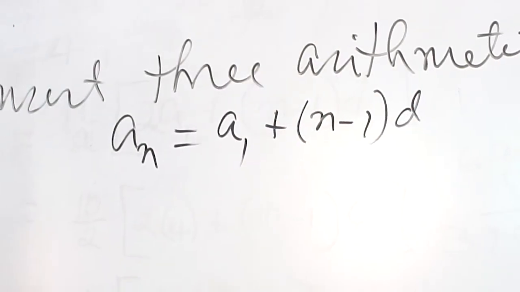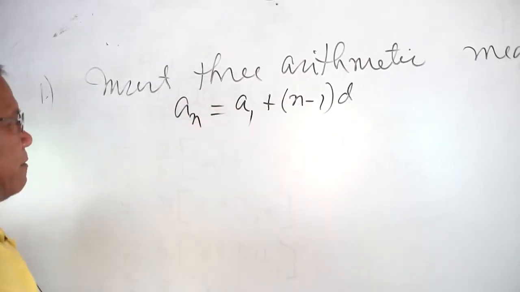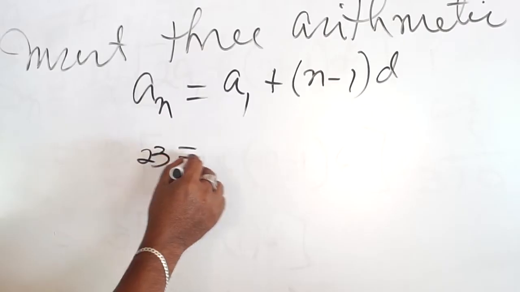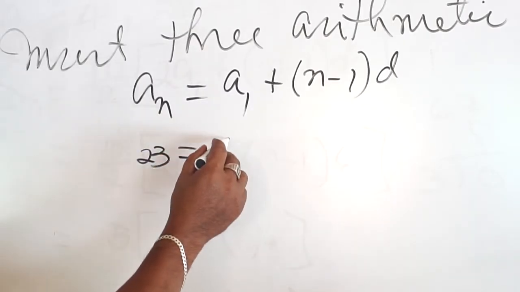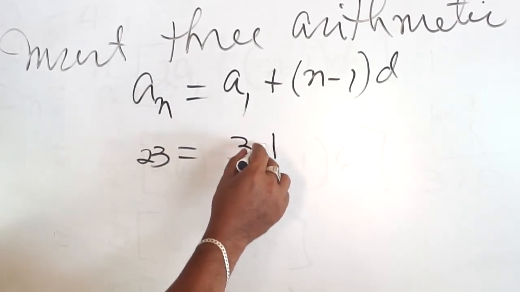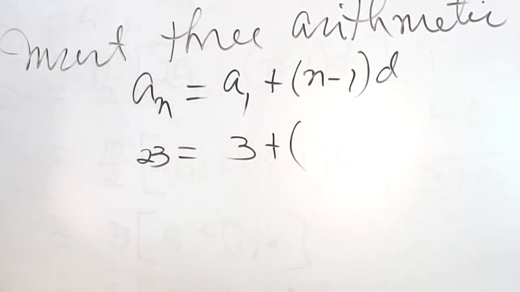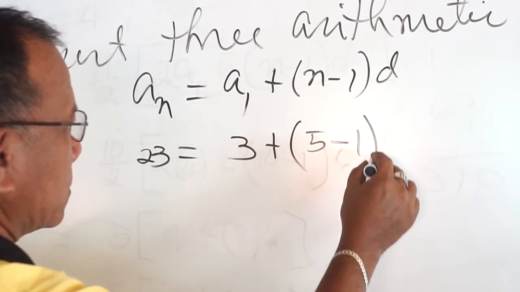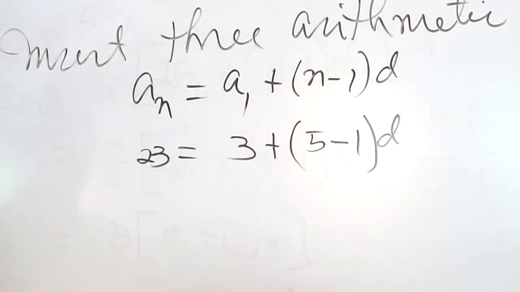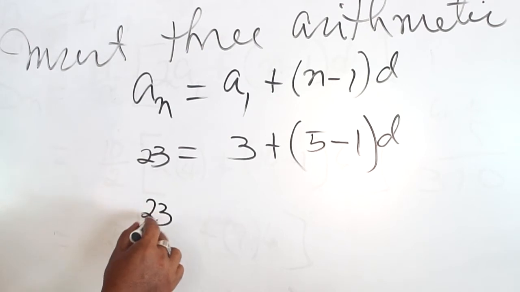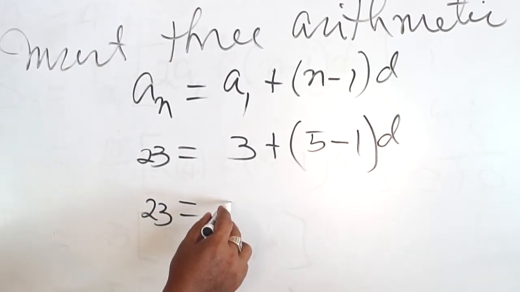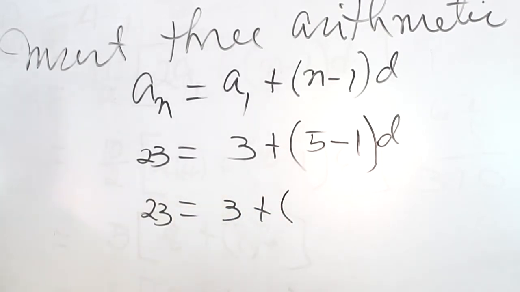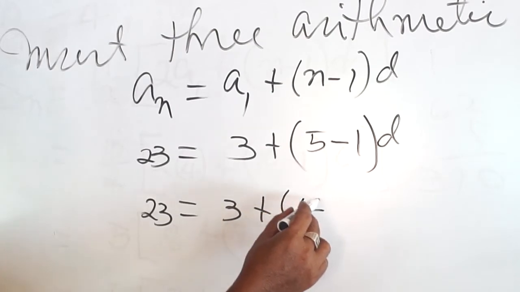Okay, so this time, you have to solve the common difference. So the last term 23 is equal to the first term 3, then plus the number of terms is 5, then minus 1, then close parenthesis, then we have d. Okay, solve. 23 is equal to 3 plus open parenthesis 5 minus 1, equals 4.